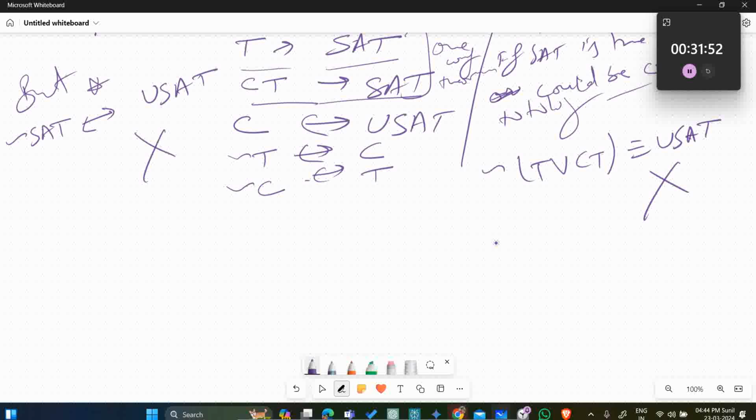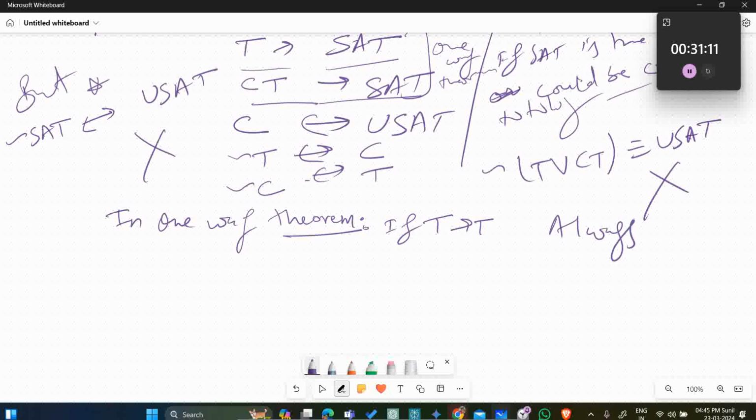What is the one way theorem? In the one way theorem, if tautology implies satisfiable, but satisfiable does not imply always true.